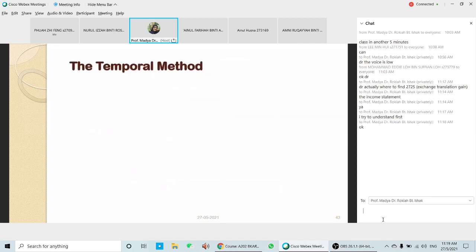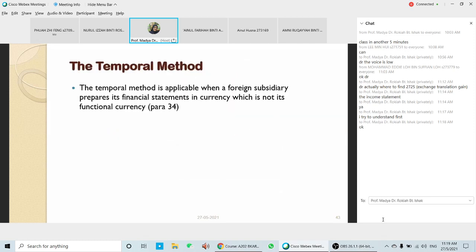The other method that we have here is the temporal method. I just want to discuss it a little bit. The temporal method is applicable when a foreign currency subsidiary prepares its financial statements in a currency which is not its functional currency. It means that the foreign subsidiary, let's say in Australia, does not prepare using the Australian dollar, AUD. They may use another currency.